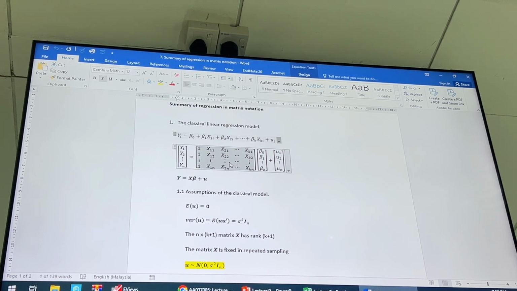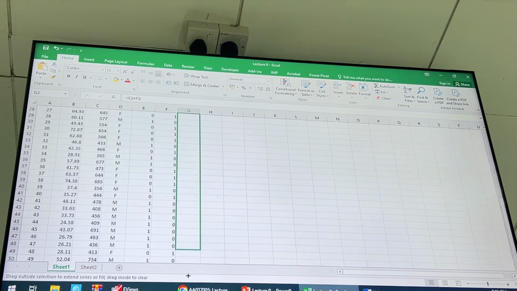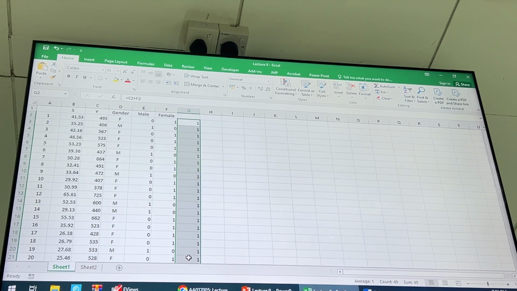So for the case of dummy variable, imagine that we have 2 categories, male and female. What happens if you include both dummy variables in your model? The sum of the 2 dummies, the dummy variable for male plus the dummy variable for female, is all equal to 1, right?